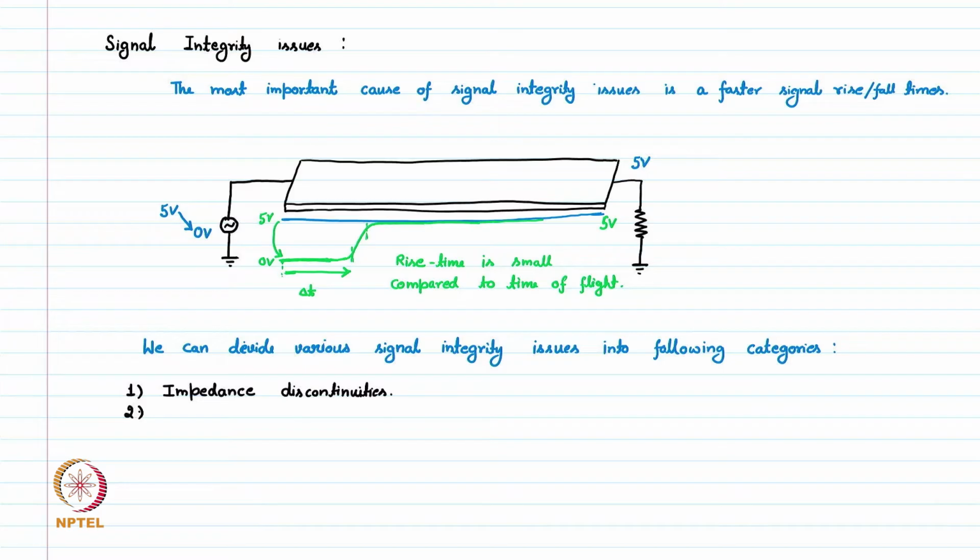The second cause which creates signal integrity issues is the reflections, ringing, overshoot and undershoot.